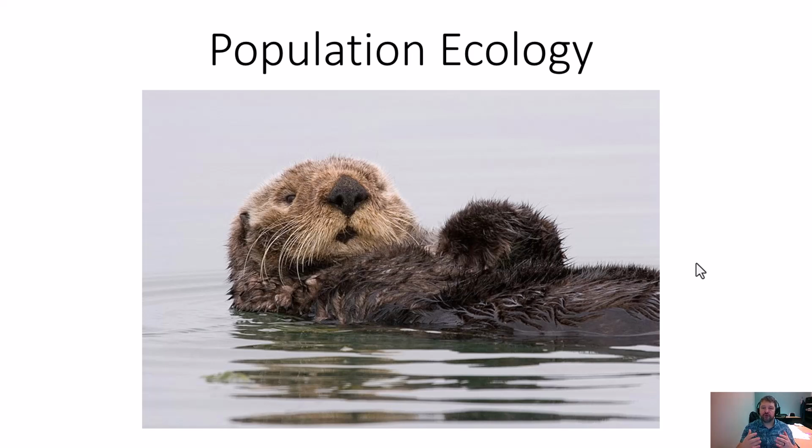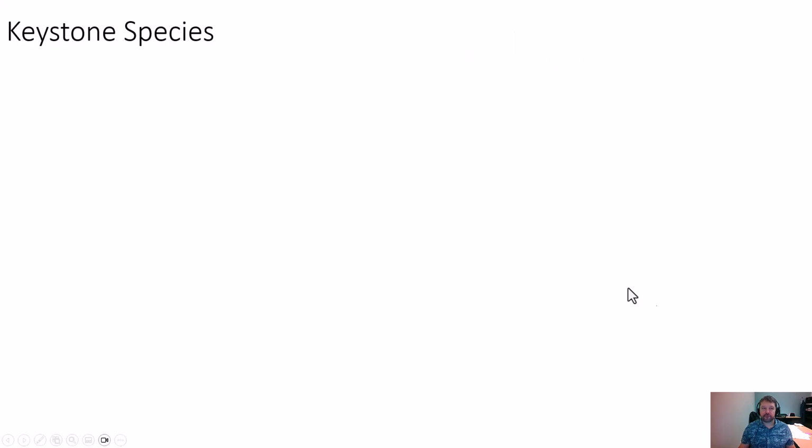So you increase the diversity of the ecosystem by just having sea otters. Remove sea otters, sea urchins explode, the kelp forest goes away, and your diversity goes down. Okay? That means that sea otters are a keystone species. It's a classic example. Let's look at some other examples.